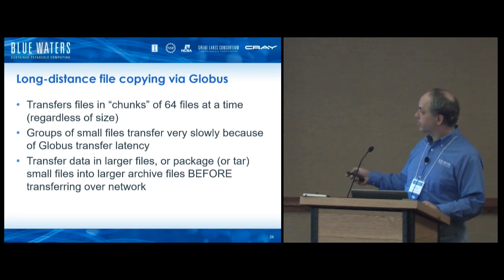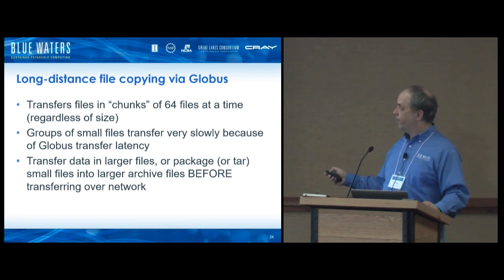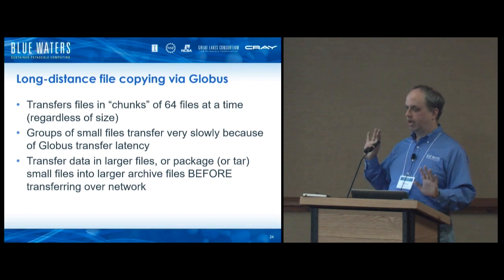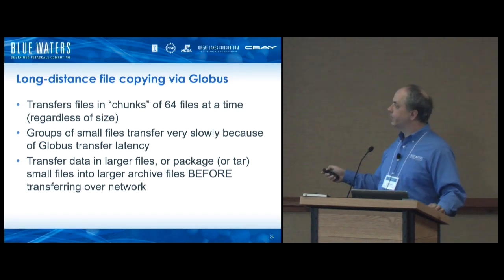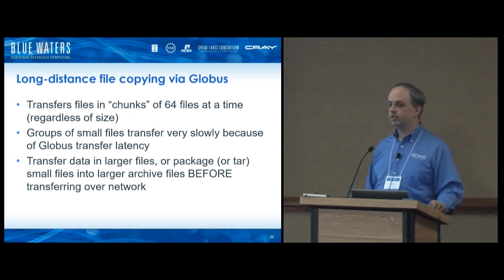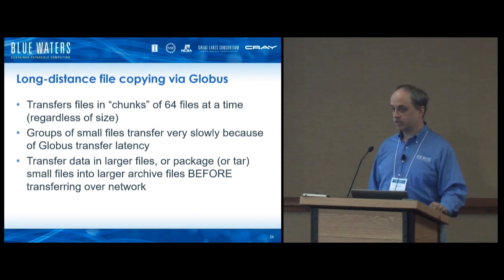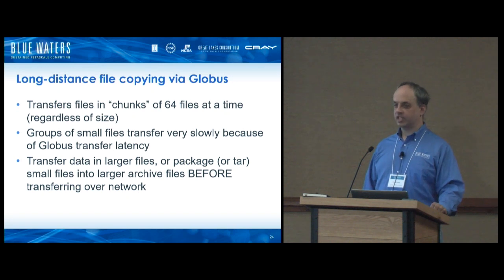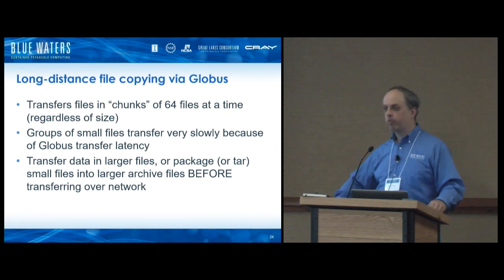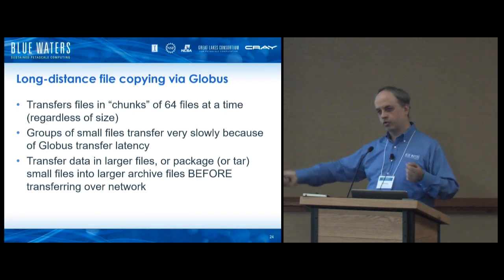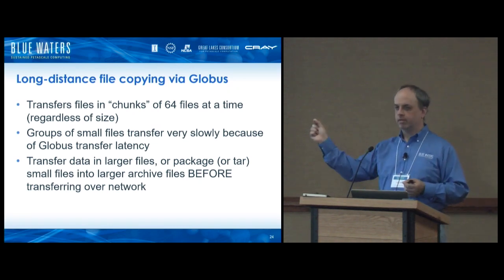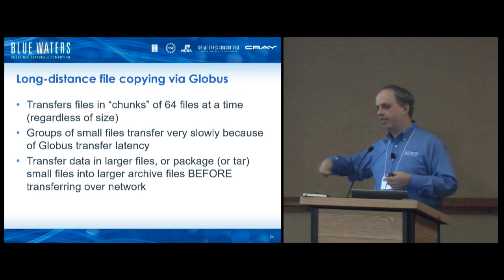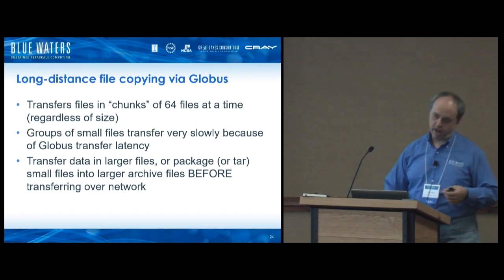I don't know if 64 files at a time is the right number. Oh, Jim is nodding, excellent. But this is a very discrete thing. If you tell it to pull 10,000 files, it will queue up the first 64 and go through all the rigmarole of setting up the long-term transfer, the buffers, and the disk caches, and then the data's gone, and it tears down that transfer and rolls around to the next one.